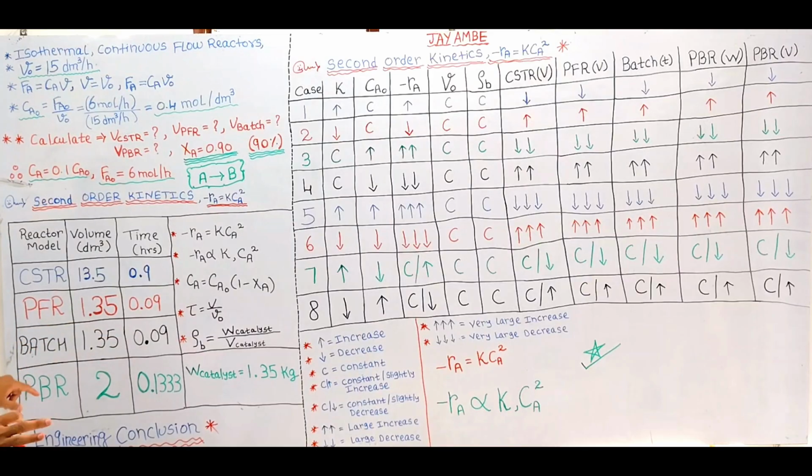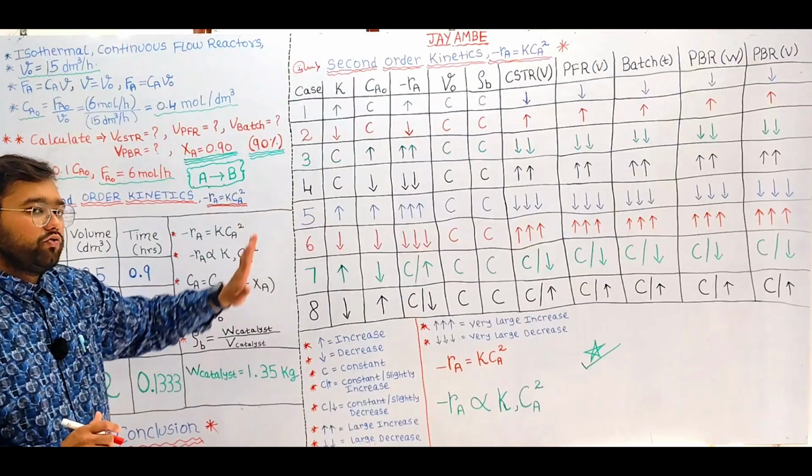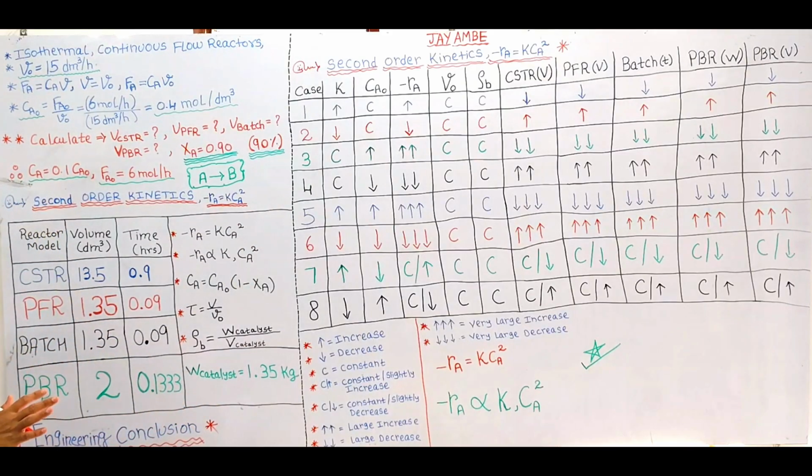Again, I repeat, the CSTR requires larger reactor volume and larger reaction time as compared with the PFR, and PFR requires lower reactor volume and smaller reaction time in order to achieve the same desired conversion of 90%. So in the comparison of CSTR versus PFR, I would select PFR as the reactor model in order to carry out the reaction.